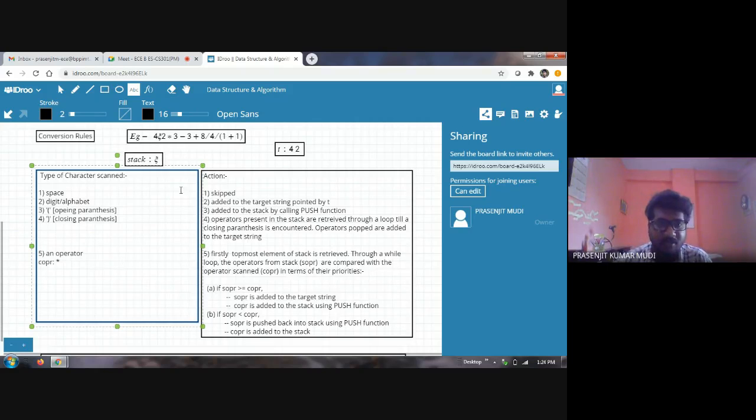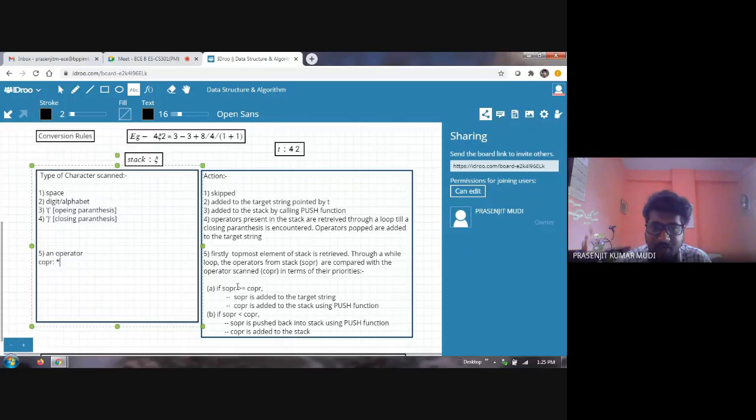COPR is star. Firstly, the topmost element of the stack is retrieved. What is the topmost element? The exponentiation operator. It is popped, retrieved through a while loop. Only one operator is there, so the while loop will run only one time. SOPR is the exponentiation operator, COPR is star. They are compared in terms of priorities, and the exponentiation operator has higher priority than star.